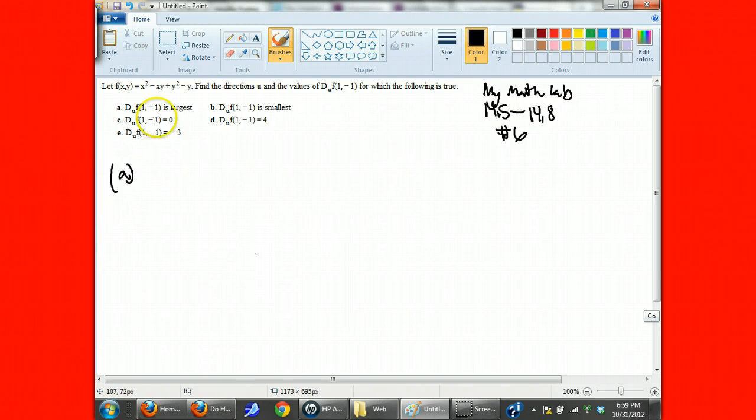For A, you know that your directional derivative is largest in the direction of the gradient, and so this will be the gradient of f. This one will be the opposite of the gradient of f. They also want the value, though, and the value would be the magnitude.